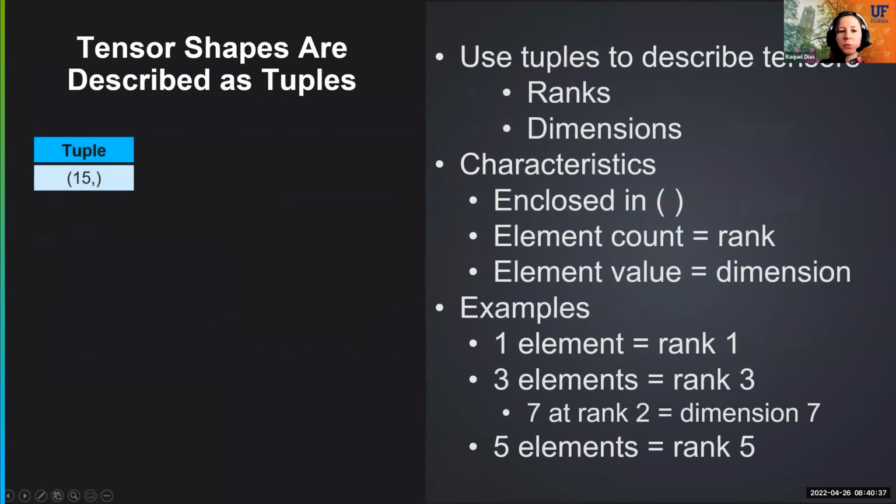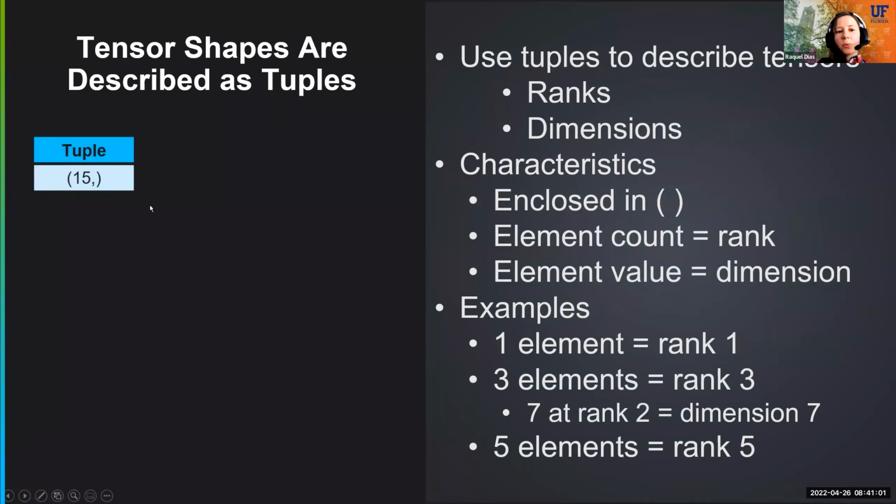So a tuple is usually a set of numbers enclosed between parentheses. You have the information on the number of ranks of your tensor and the dimension of each rank in a list enclosed between parentheses, which is the tuple.